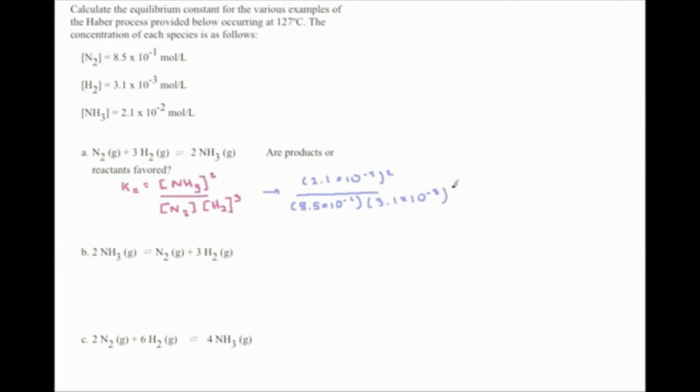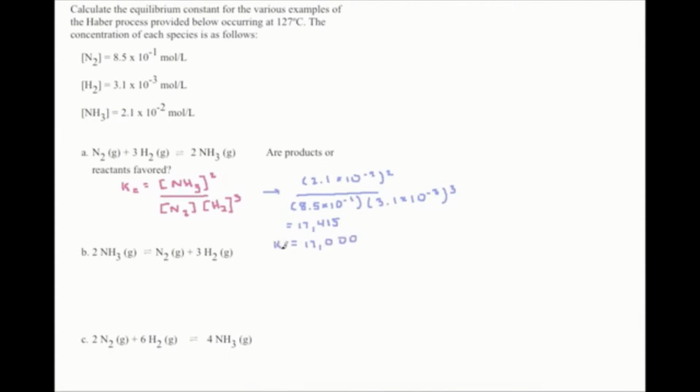What I end up getting for my Kc is 17,415. I'm going to round this to the correct number of sig figs and say 17,000 is what my Kc equals.